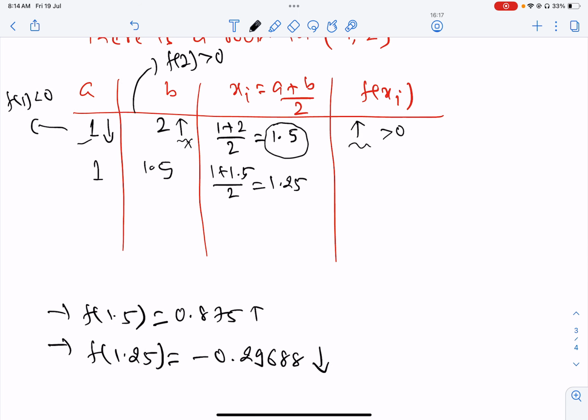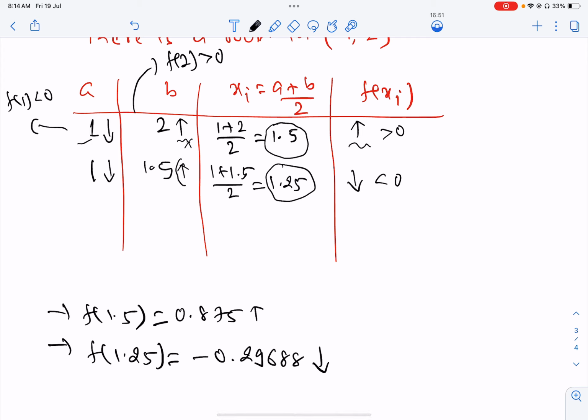So at 1.25, it is negative. So now for the next step, we need to select a and b. 1.25 definitely will be there. So now we need to check either 1 or 1.5, any one of them. 1.5 is positive and 1 is negative. At 1 it is negative, and this one is positive. The value of the function, okay, not 1 but 1.5.